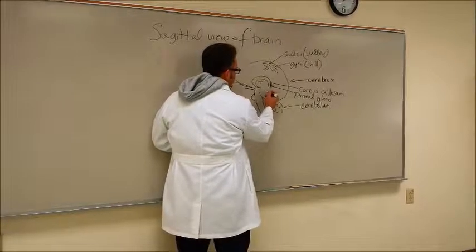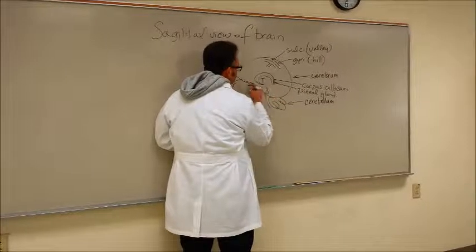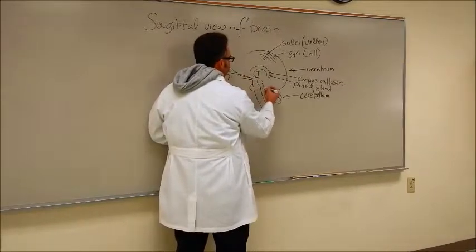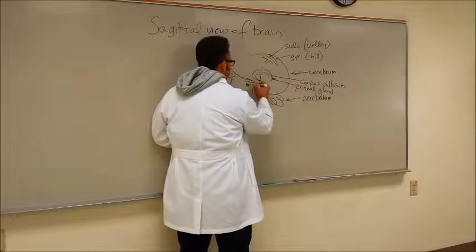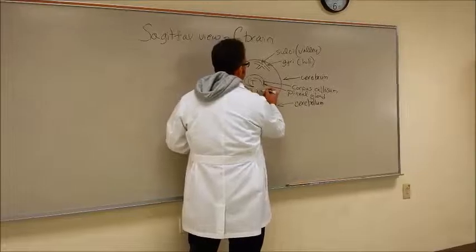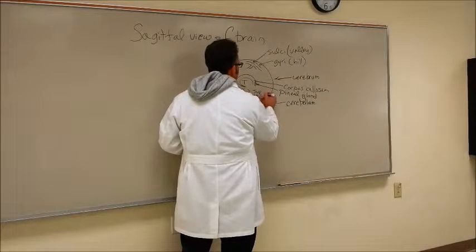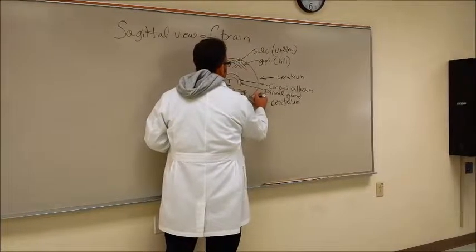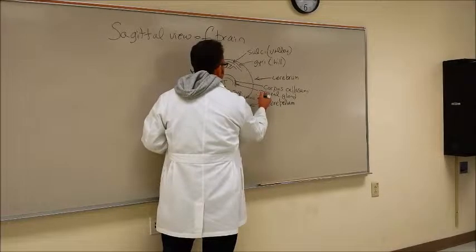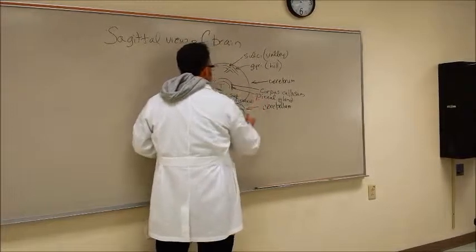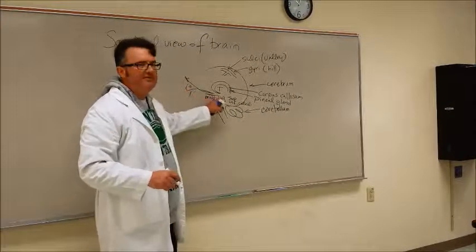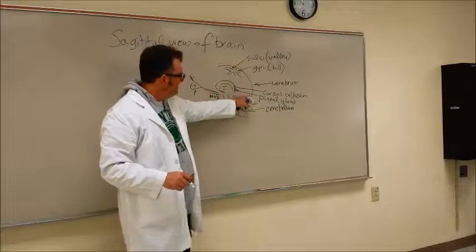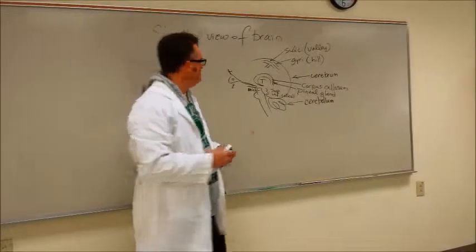This middle portion right under here is called the midbrain. I'm going to say this is the midbrain right here, and you have superior and inferior colliculi here, and they help process some of the visual information to route it to the back of your brain.